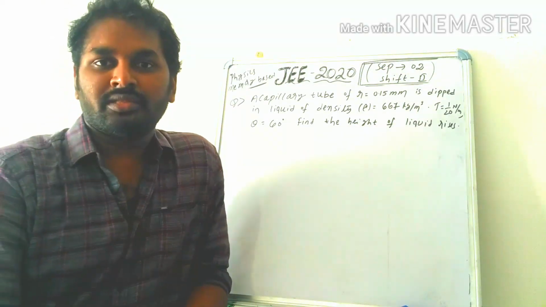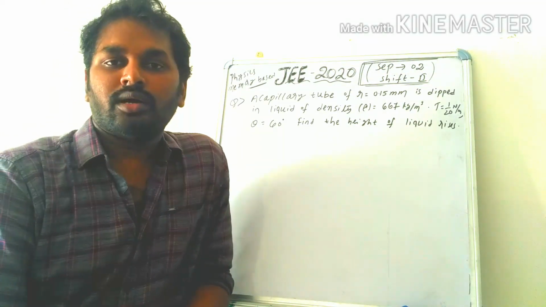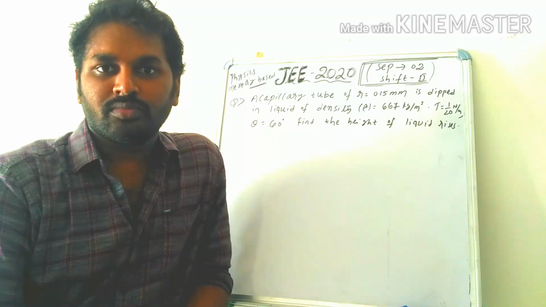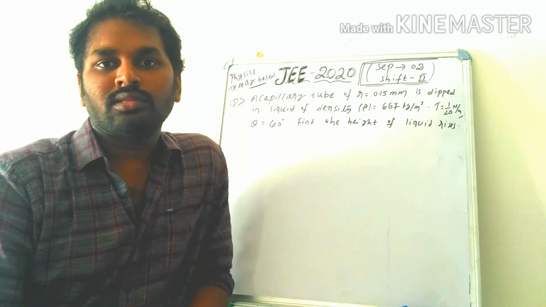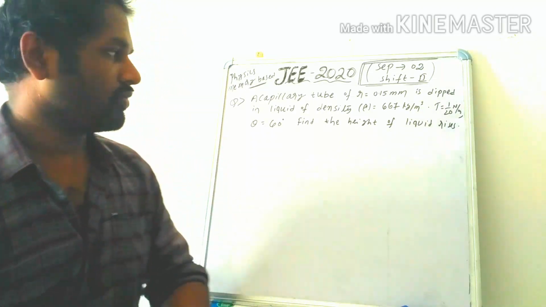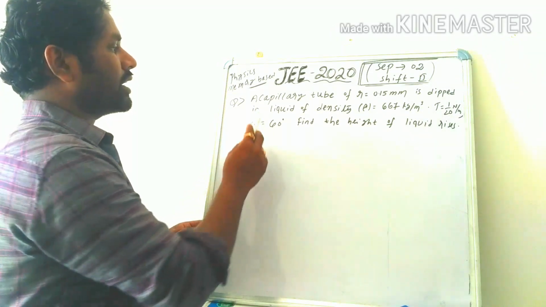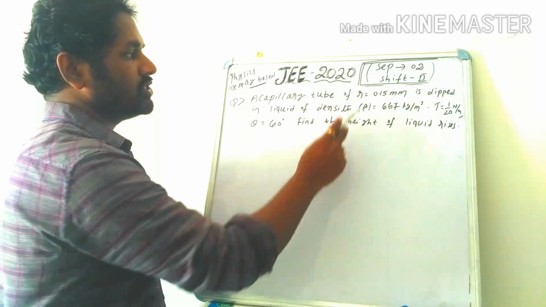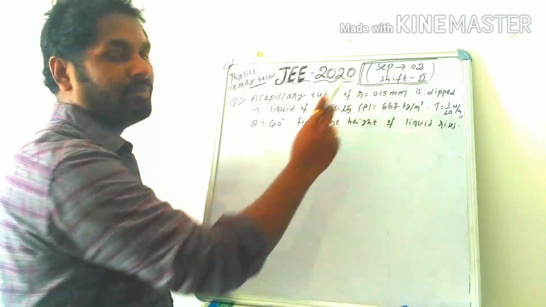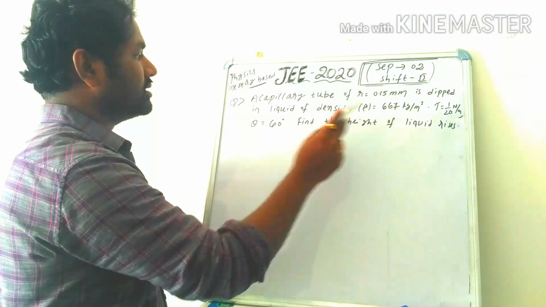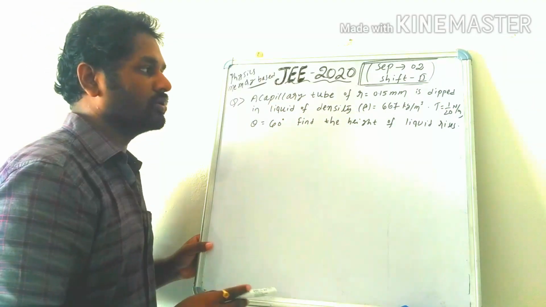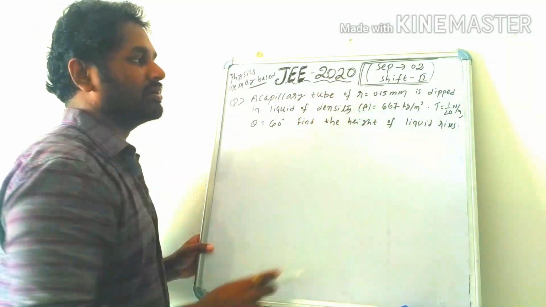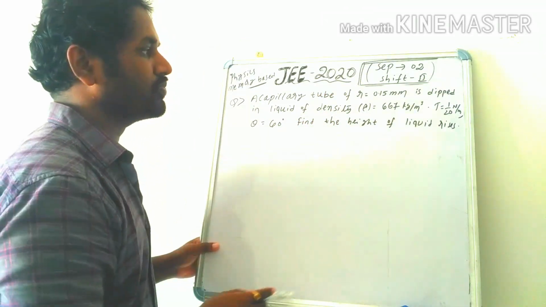Then we have the question from the chapter surface tension. So this is also a very easy question in this exam. Let us see the question. A capillary tube of radius 0.15 millimeter is dipped in a liquid of density rho, which is equal to 667 kg per meter cube.